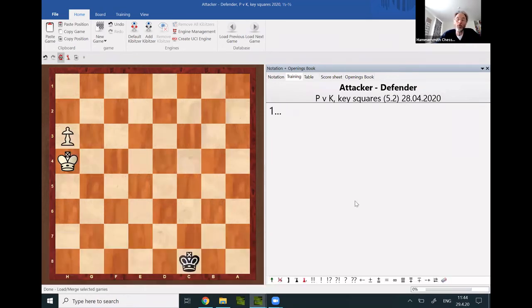Last example, we have seen exactly this position previously, just the other way around. Now it is black, the board from the black point of view, and it is black to move. And the key squares for the defender of an h pawn against an h pawn are g8 and h8. If black is able to reach those squares, then he will draw the game.